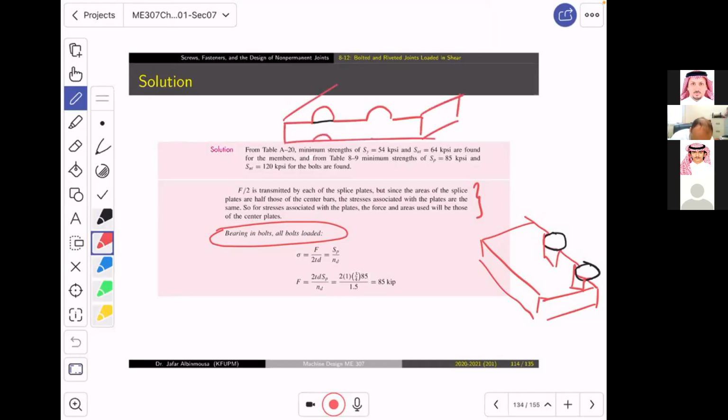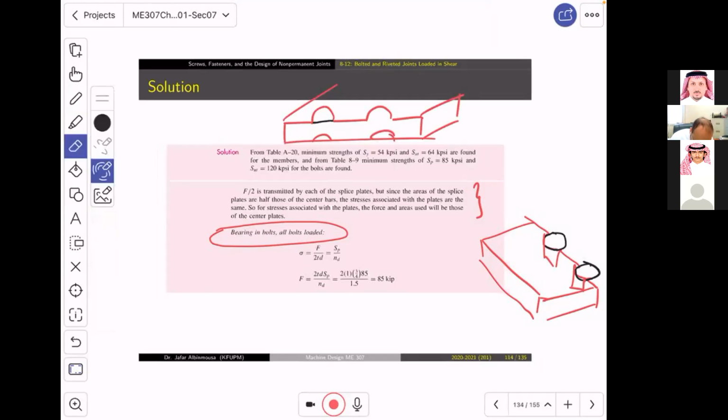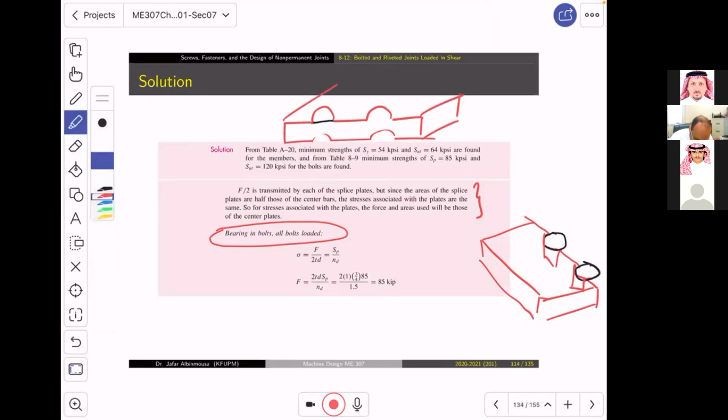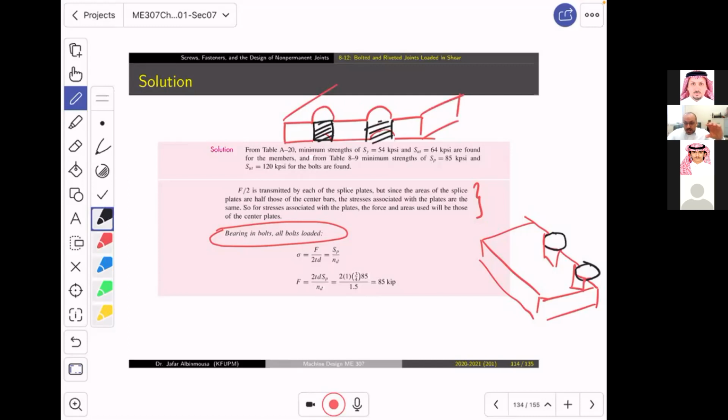I need to erase this just not to confuse you. Okay, so what happened? The projected area is this area, which is a rectangle. And this rectangle, as a bearing area, is pushing against the rivet, the bolt. Why? Because I can do the opposite. I can look at the bearing stress on the member, not on the rivet.